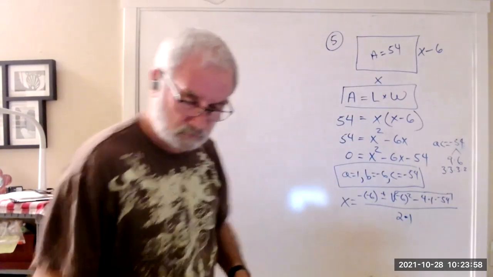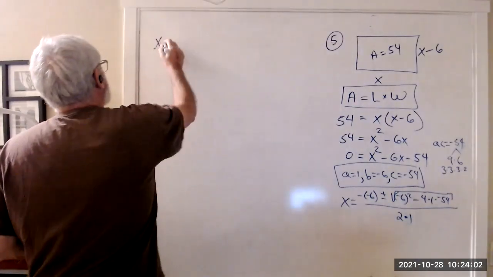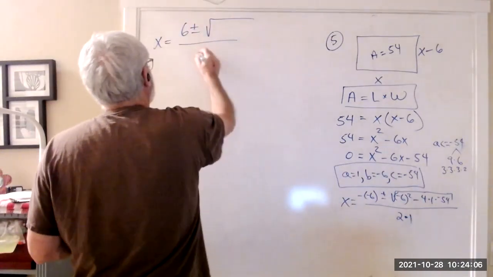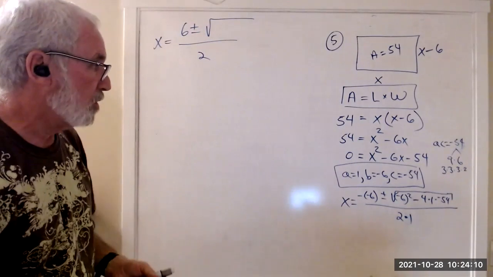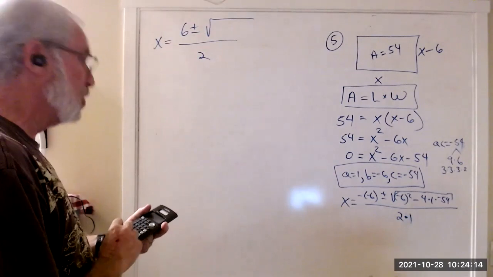So this is just ugly. X is 6 plus or minus somebody divided by 2, all divided by 2. So let me see if I can do it right.